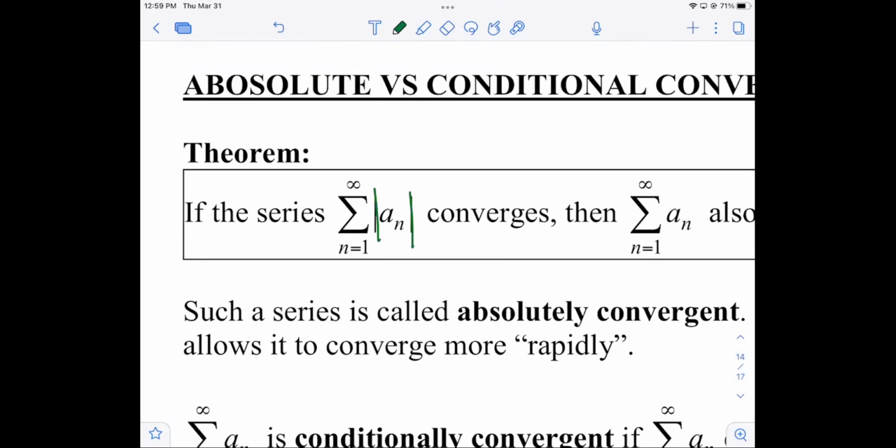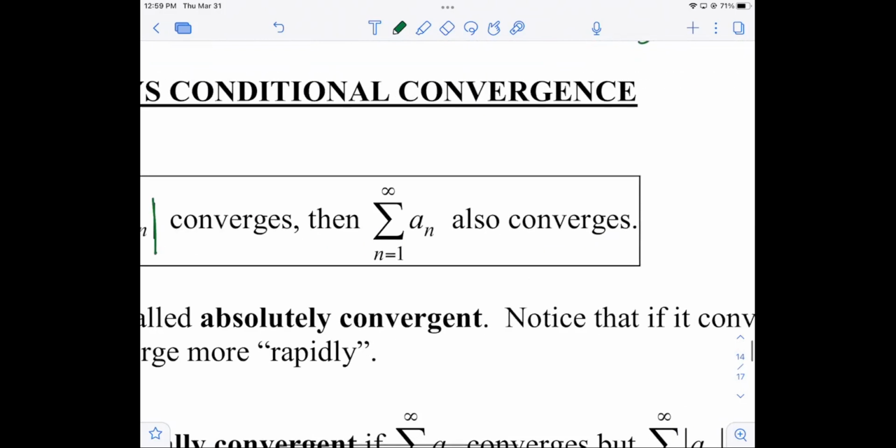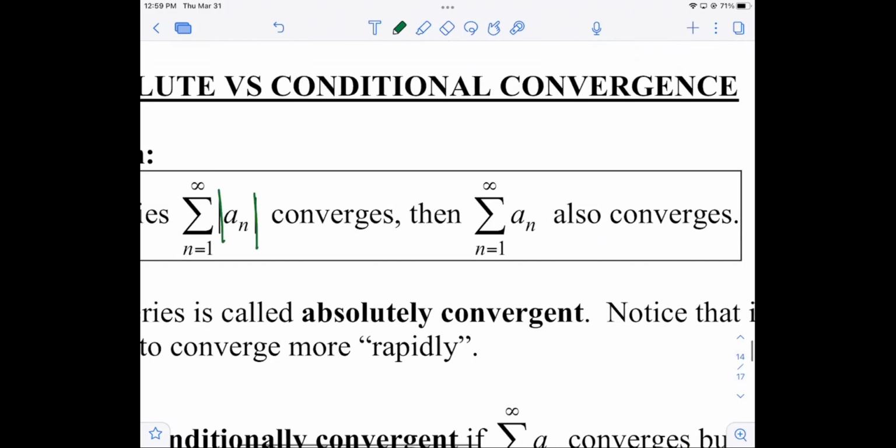If it converges absolutely without the alternator, we say it's absolutely convergent. In other words, if the absolute value converges, then the original one also converges, because the original is going to be either equal to or less than the absolute value.